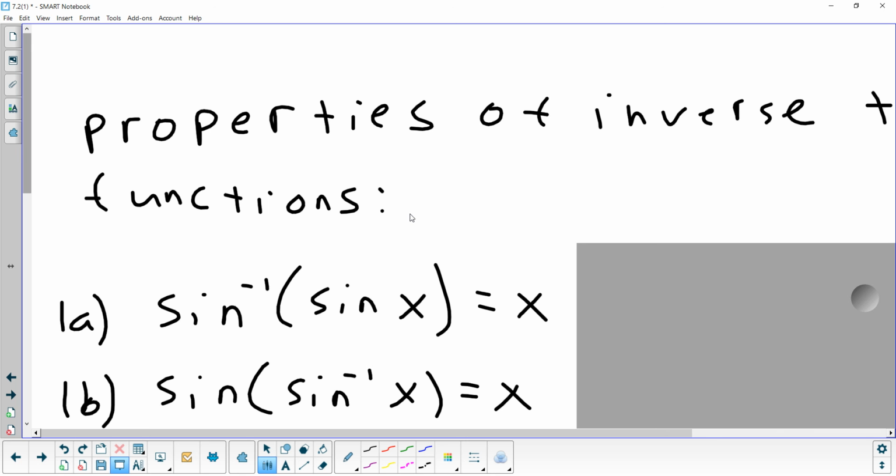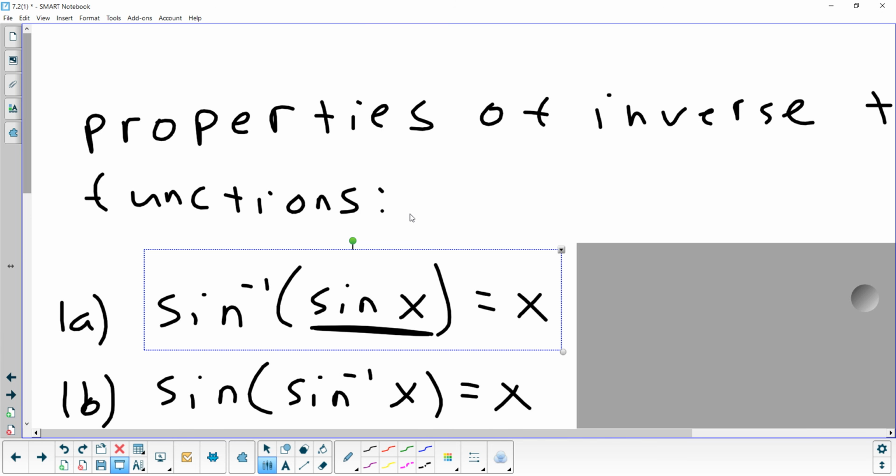When you do or when you don't get back the same thing, it has to do with this inner function, and it has to do with the domain of it. Think about sine. What did we restrict the domain of sine to be? And if you can't think of the domain of sine, think of the range of the inverse.